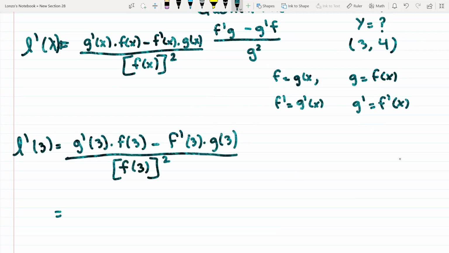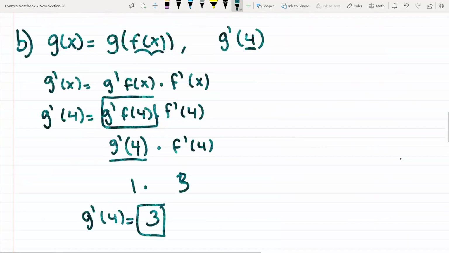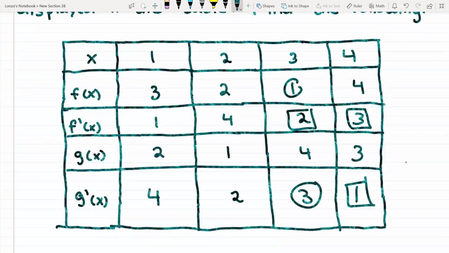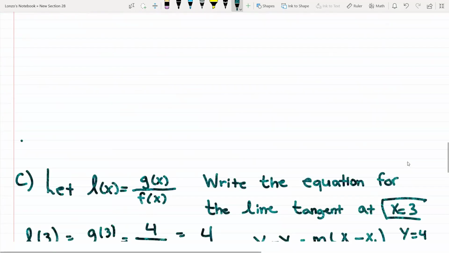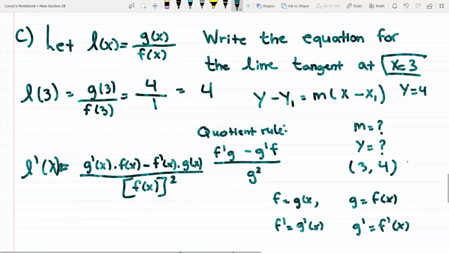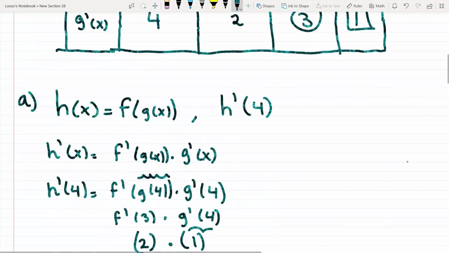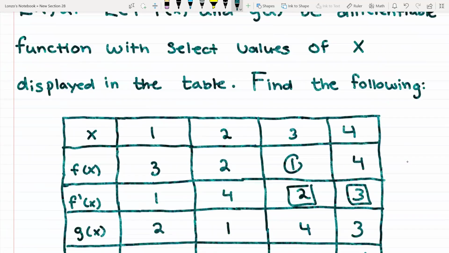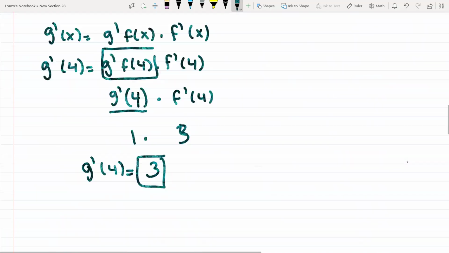Okay, so we look at our table. g prime of 3: here's the x value, 3 gives you 3. And then f of 3: here's f, 3 spits out a 1.